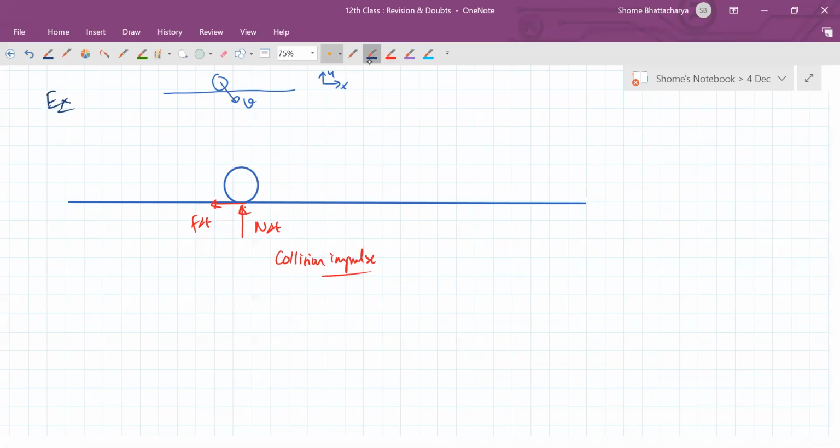Okay, so now let's say after the impact, the momentum has a changed value of the x and y components. Let us say the impact velocity was v naught, and the impact was happening at an angle theta.